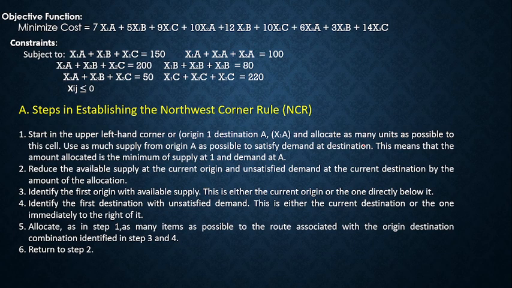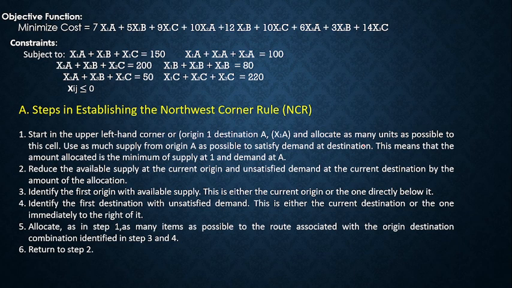So this means that the amount allocated is the minimum of supply at 1 and the demand at A. Okay, then number 2. So reduce the available supply at the current origin and the unsatisfied demand at the current destination by the amount of allocation.